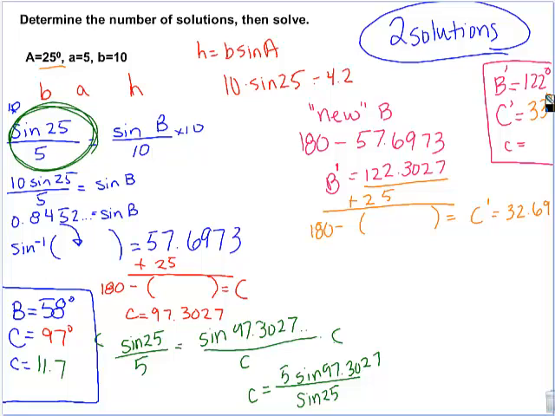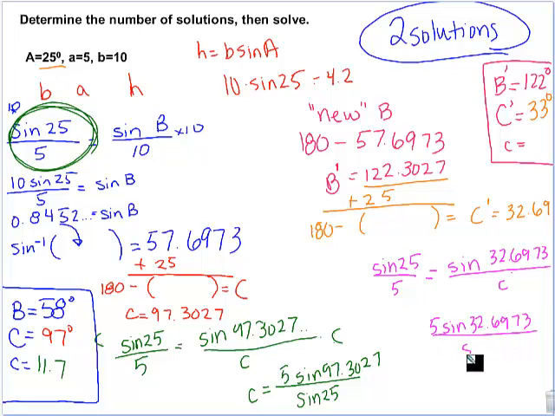And then how are we going to find our new side C? Yep, law of sines. So we would have still our sine of 25 over 5. This time it's equal to sine of this new angle we just got, 32.6973, over our new side C. How can we get that new side C alone? What would we have? We'd have 5 sine of 32.6973 over sine of 25.